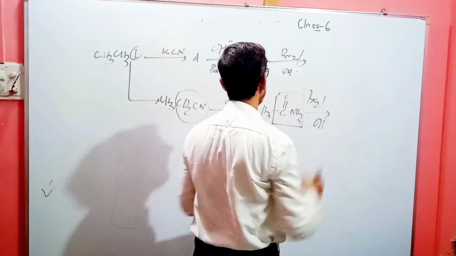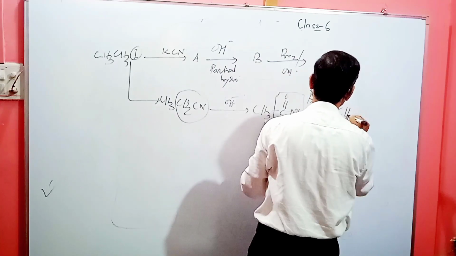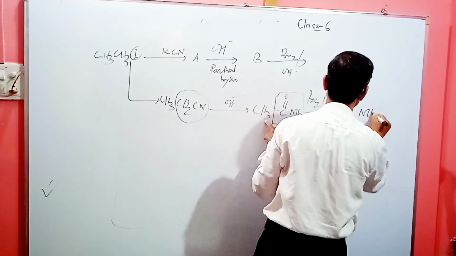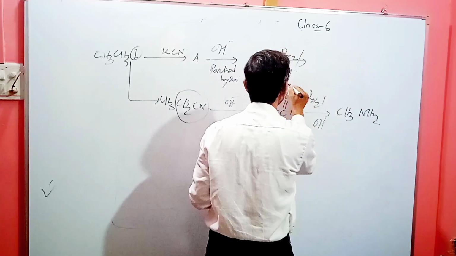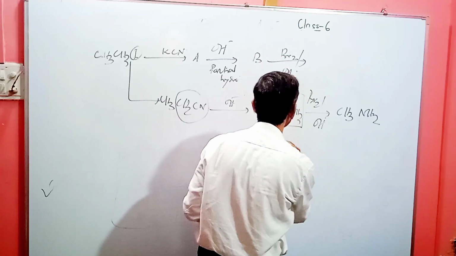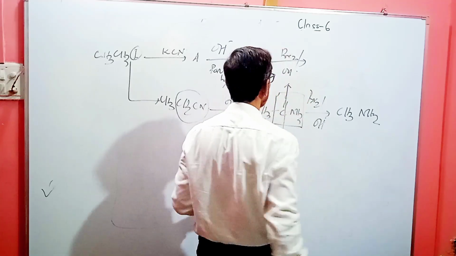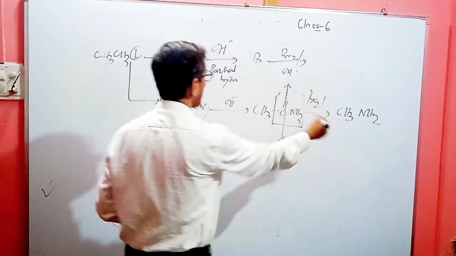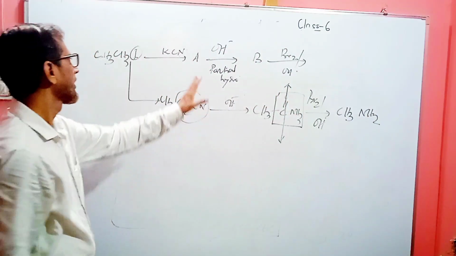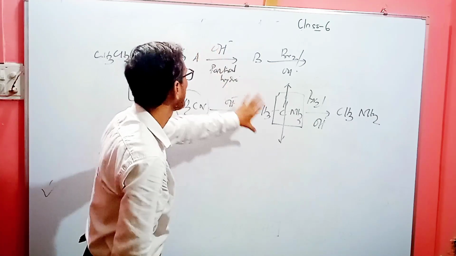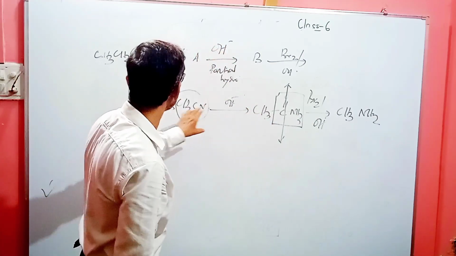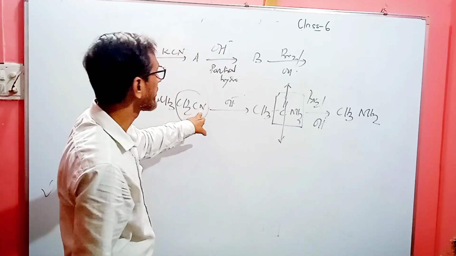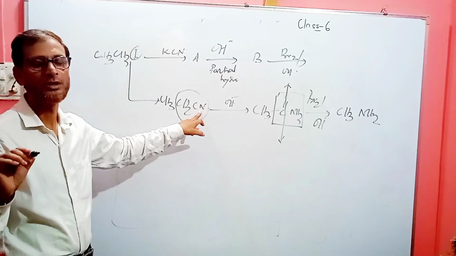I have done it earlier, so that part will have one carbon atom less. The answer is this. Partial hydrolysis of CN gives you amide, and full hydrolysis of CN in acid medium gives COOH.